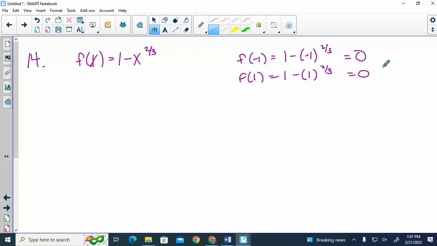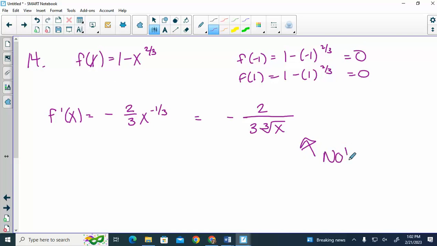So the first criteria is met. The third criteria is met. The endpoints are the same. Let's check the second criteria. So we need to see if it's differentiable. So if you do the derivative, you get negative 2 over 3 times the cube root of x.